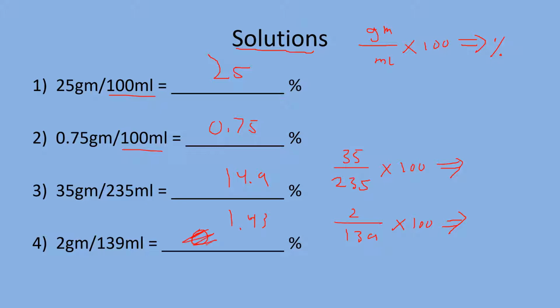Yeah, whatever about it. 2 divided by 139 times 100. Yeah, about 1.5%.